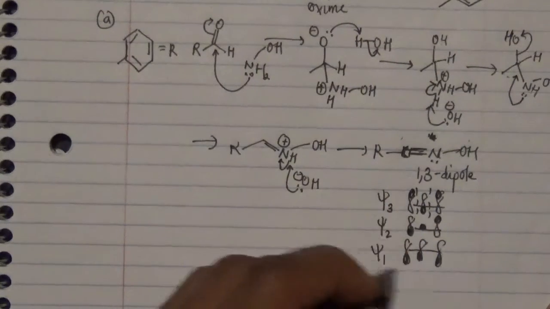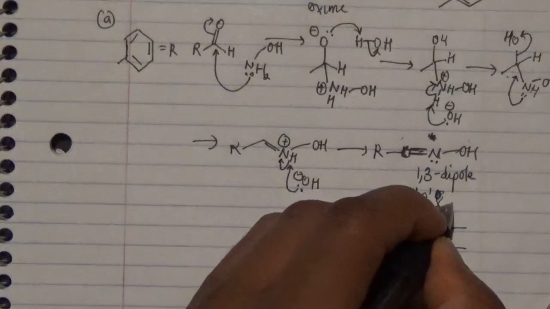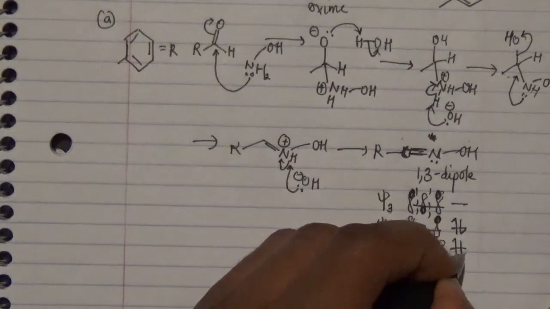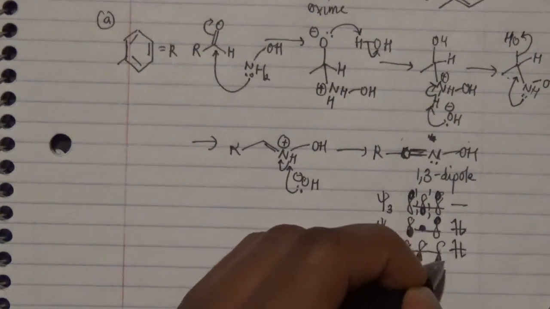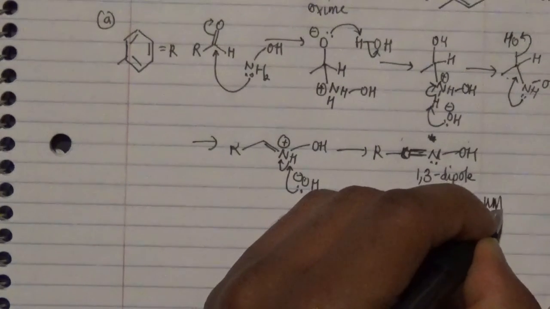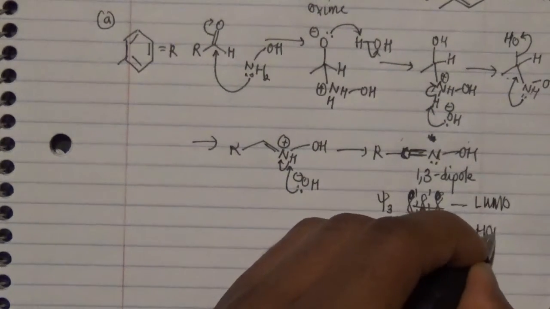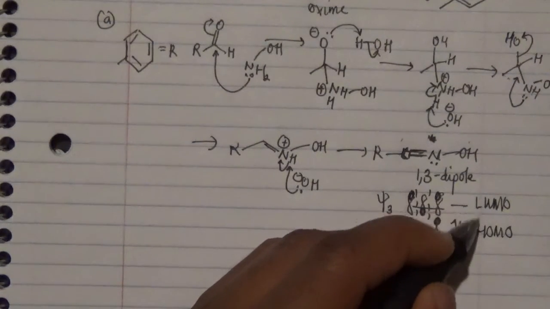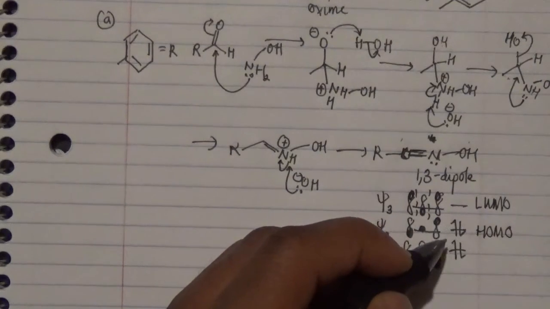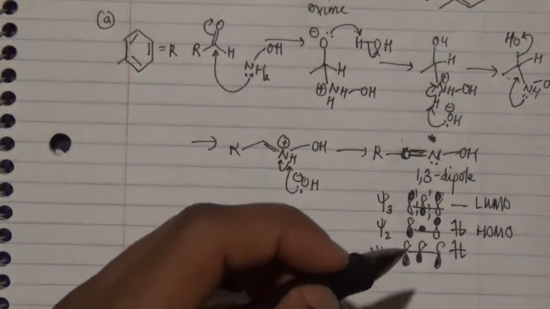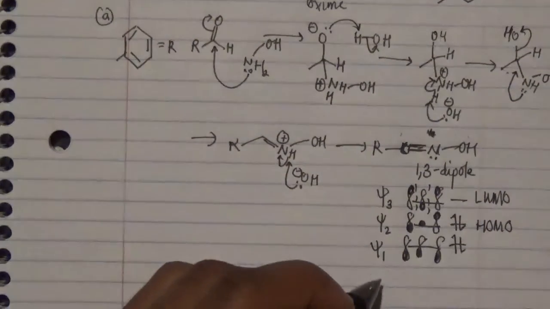So what we have is that this will be the HOMO, with 4 electrons distributed between the first and the second, and this will be our LUMO. Which one is chosen is not based on its distribution of electrons, but on the dipolarophile.